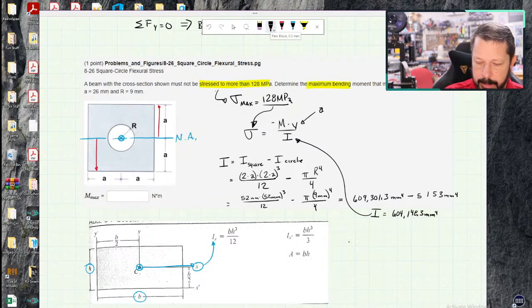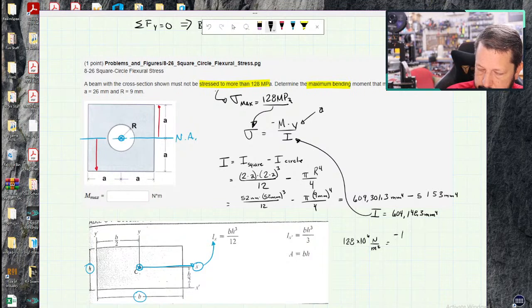So 128 times 10 to the 6 newtons per meter squared, that's Pascal, megapascals when we did the 10 to the 6, equals negative M times y, which is 26 millimeters. I've got meters everywhere else, so let's convert that to meters also: 0.026 meters, over I, so 604,148.3 millimeters to the fourth.